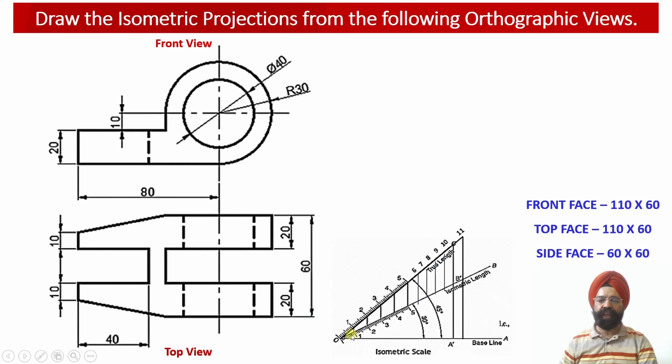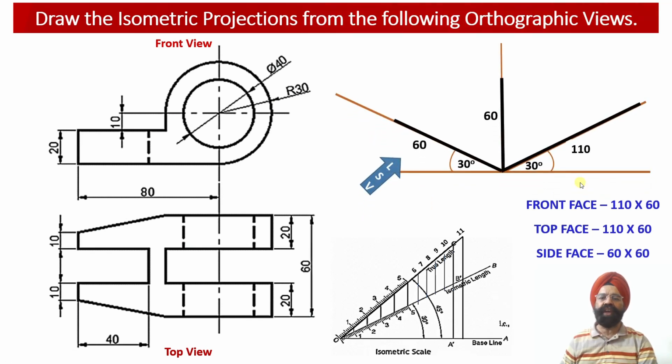Then we need to draw an isometric length scale inclined at an angle of 30 degrees with respect to the datum line or the baseline, and corresponding to all of these true length dimensions involved in this problem, we draw vertical projector lines from the true length scale onto the isometric scale. The corresponding isometric length dimensions are used while constructing the isometric projection of this solid.